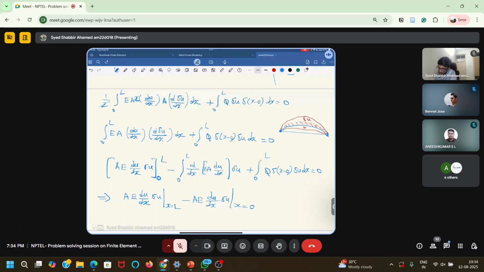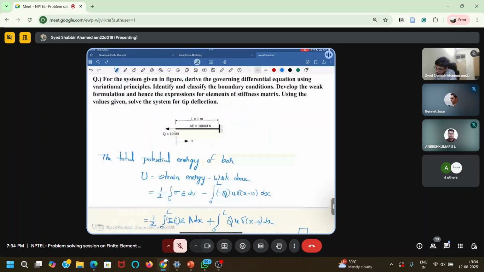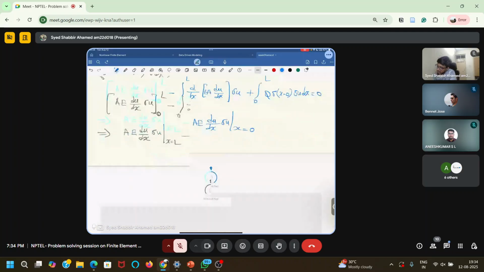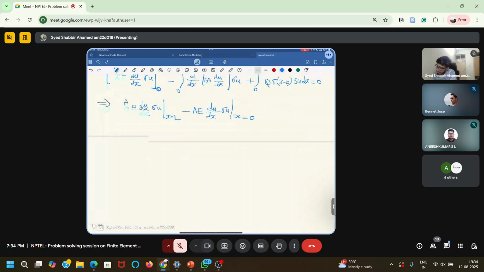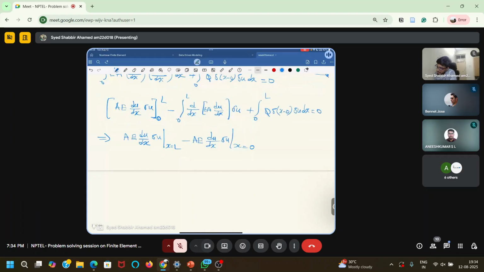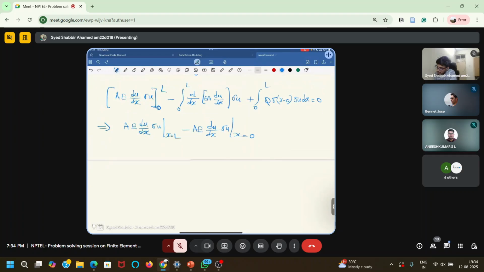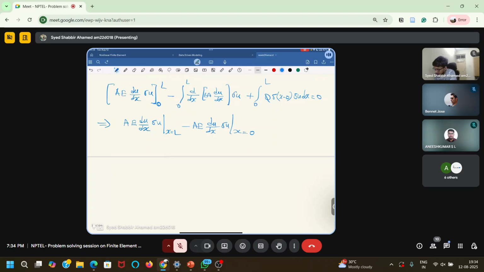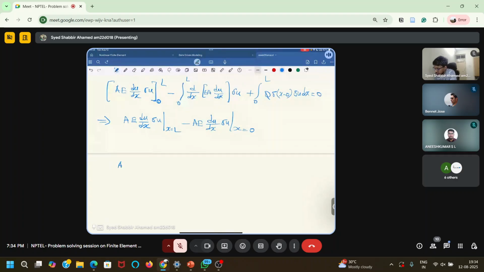Because the bar is fixed at the right end, at x equals L, del u is also 0 there. So the variation of displacement at x equals L is 0 and this term will become 0.